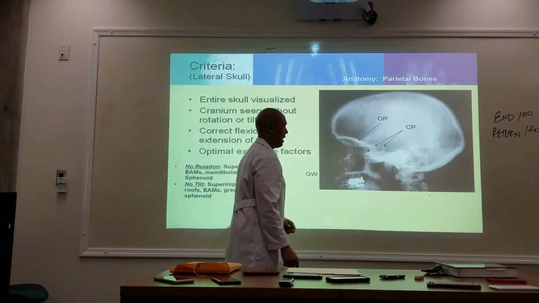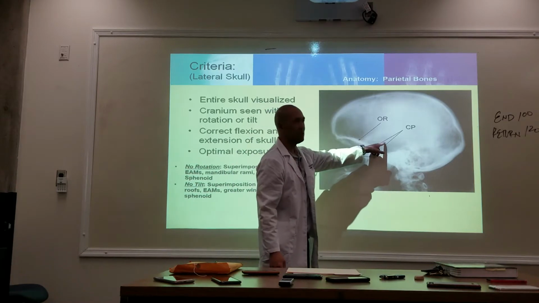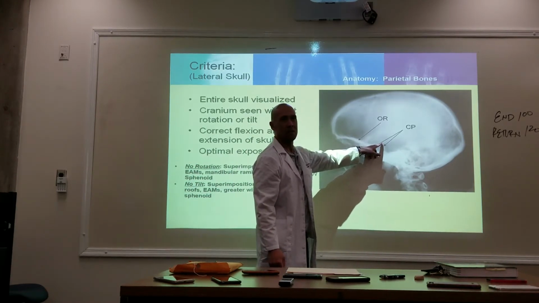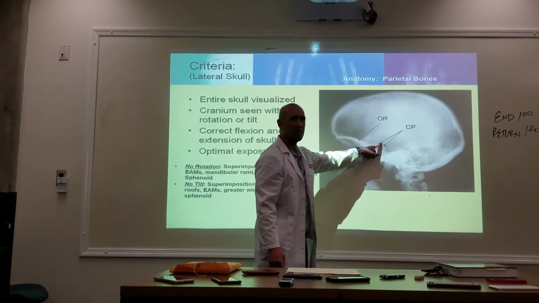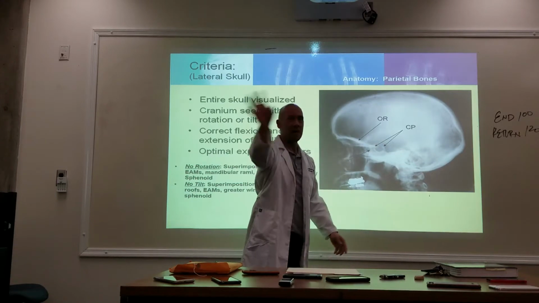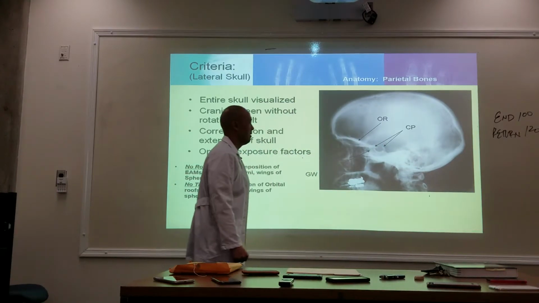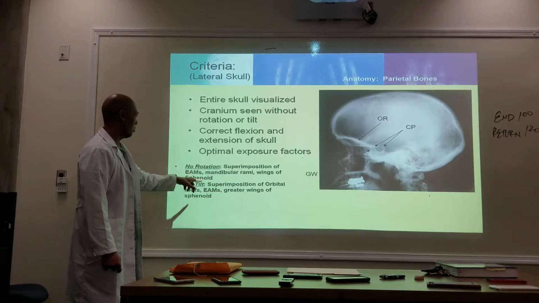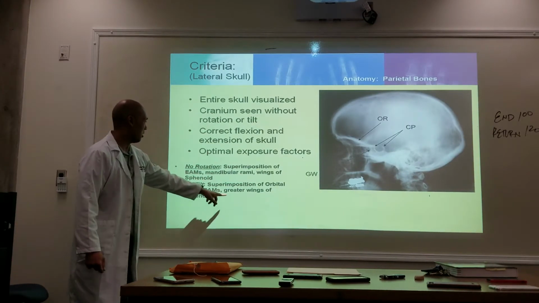I forget what this was pointing to. What does your slide say? LW. Oh, that's your wing, so take that off. And I think also over here there was something about a lesser wing. It should be greater wing.